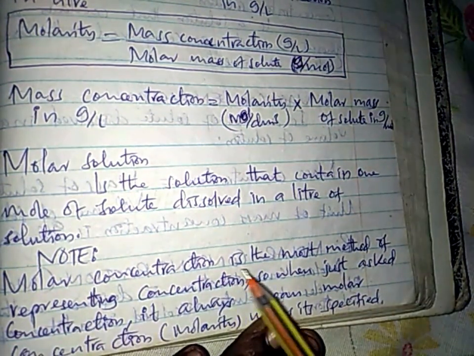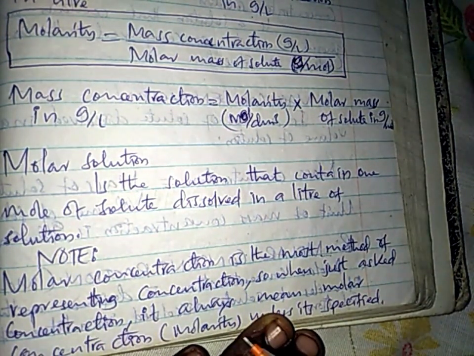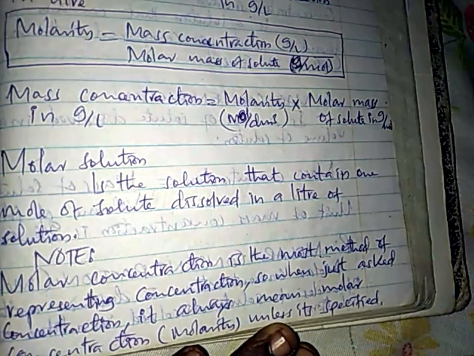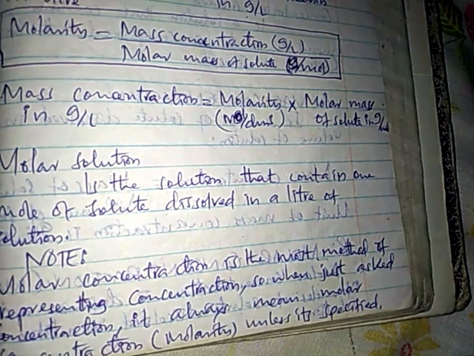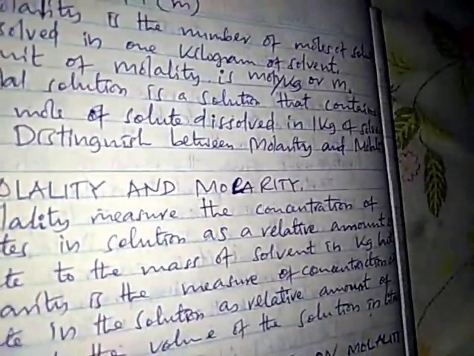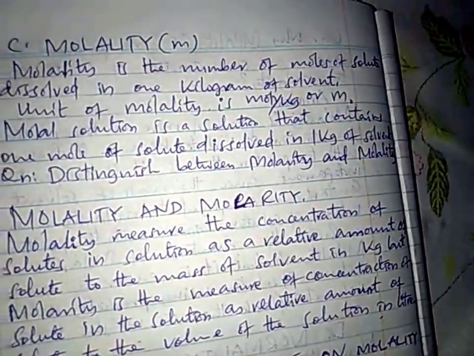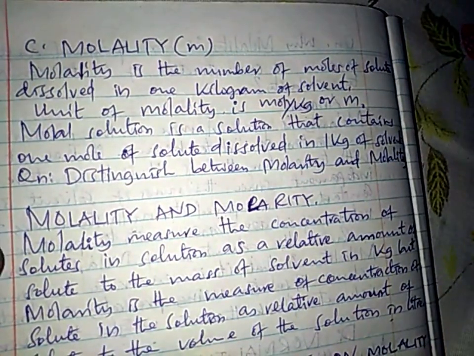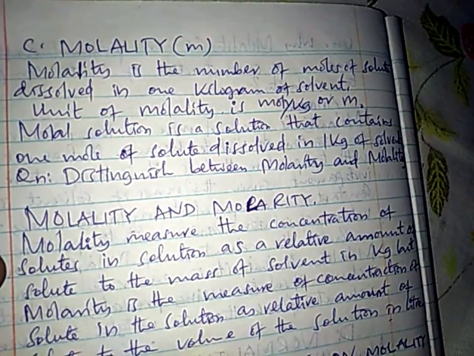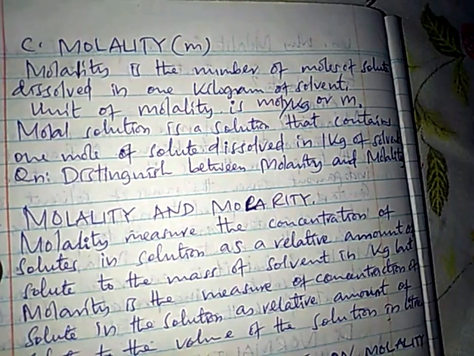Note, molar concentration is the most common method of representing concentration. So when you are just asked for the concentration, it always means molar concentration, that is the molarity, unless it is specified. So if you are asked to calculate the concentration, it means calculate the molarity. Don't look for mass concentration.